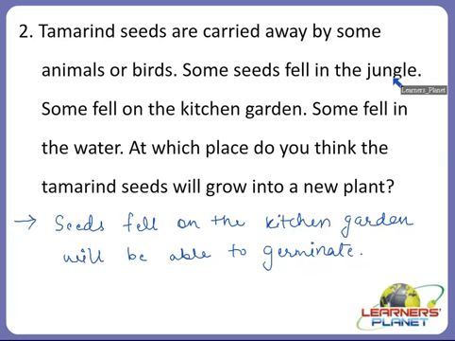They will compete with each other for space to grow, for warmth and also for water. So tamarind seeds will not be able to get all the required or essential conditions. So it will not be favorable for them to germinate in the jungle. That is why in the kitchen garden they will get all the favorable conditions, because the kitchen garden is very small, right?